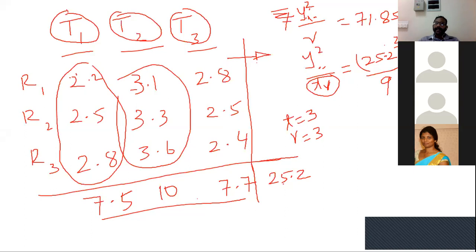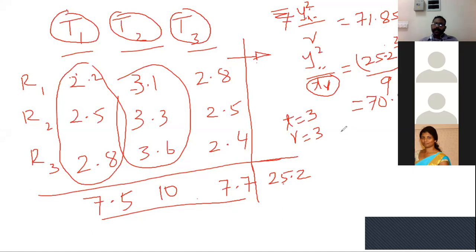Don't send me chat now because I tell the values verbally. I'll have to look at the chat from time to time, wasting time. 70.56. Okay, fine.